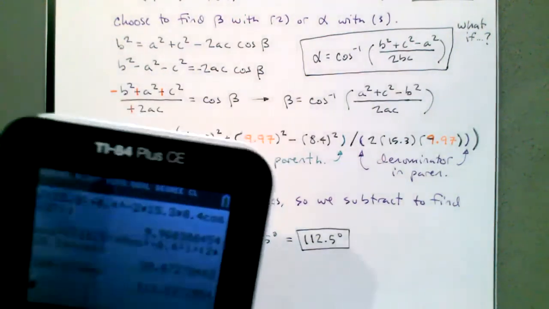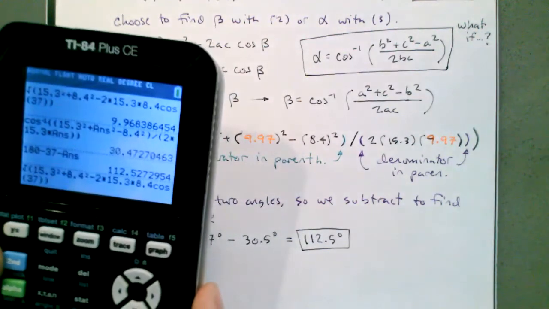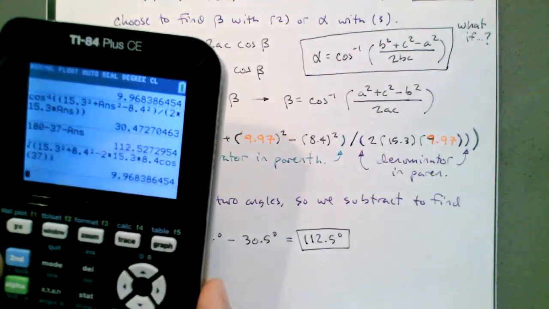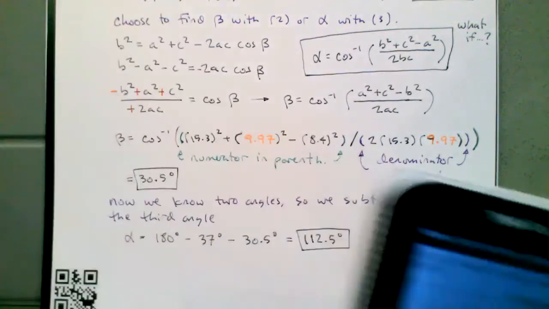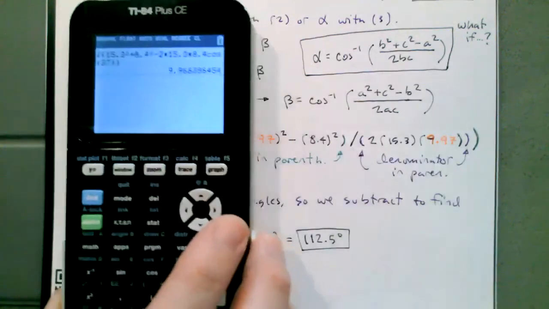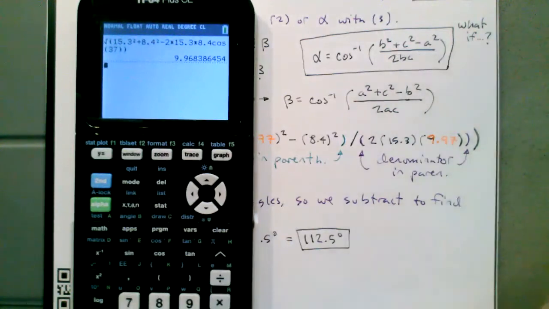Let me get my 9.97 button back. So I could solve for alpha by doing the cosine inverse of the numerator, b squared plus c squared, that's the 9.97, minus a squared.